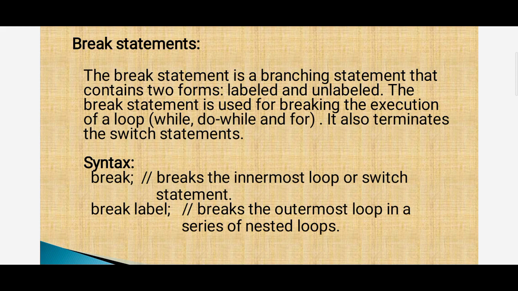The break statement is used for breaking the execution of a loop: while, do while, and for. It also terminates the switch statement. Syntax: break. It breaks the innermost loop or switch statement, and breaks the outermost loop in a series of nested loops.